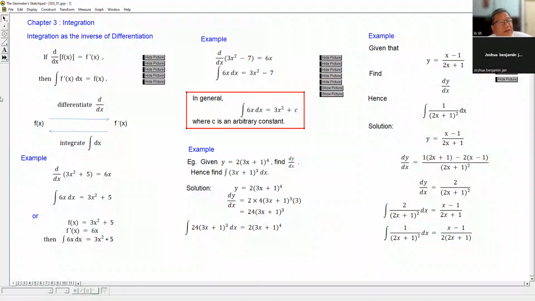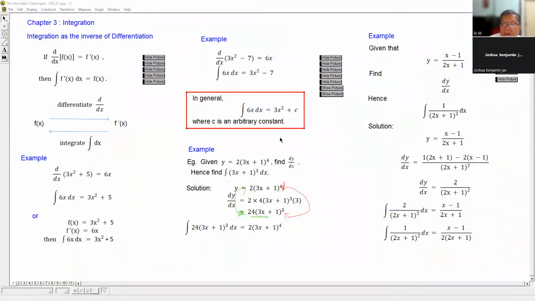What it means is like this. When you differentiate this, you get this. So when you integrate this, you should get back this one. Understand?